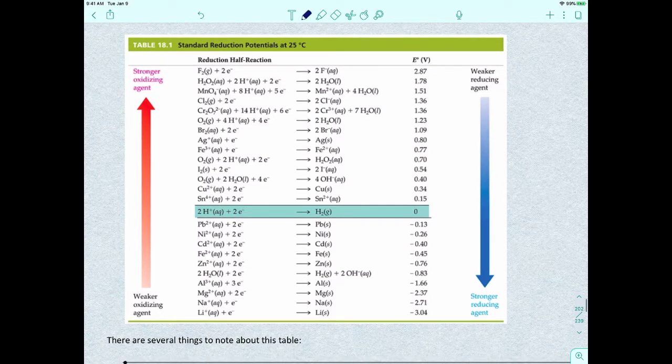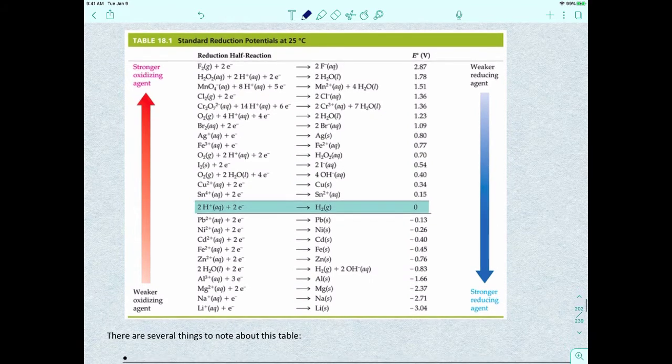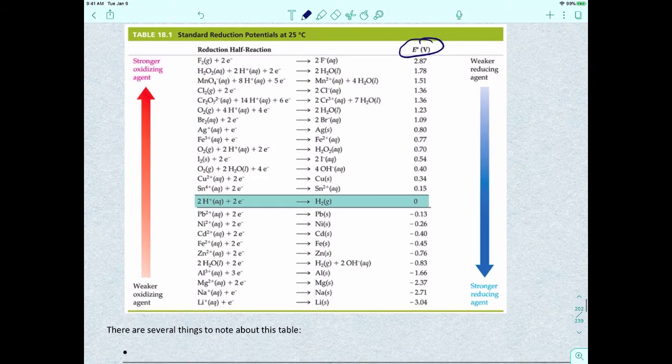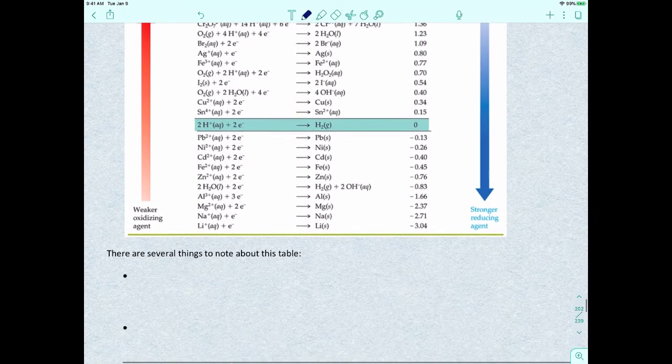What's kind of nice is that you've got the half reaction, listed as a reduction half reaction, and you get the voltage for that cell. As you go from the bottom to the top, it becomes a stronger oxidizing agent. As you go from the top down, it becomes a stronger reducing agent.